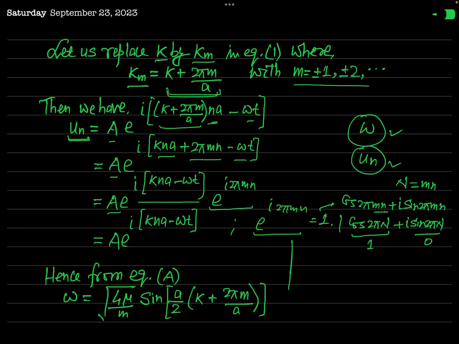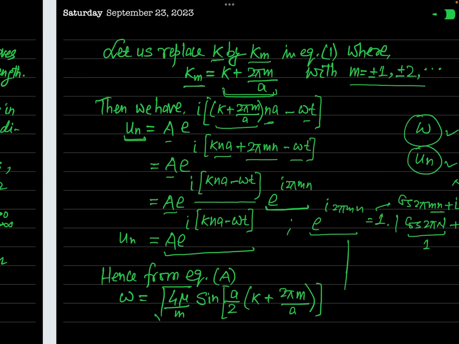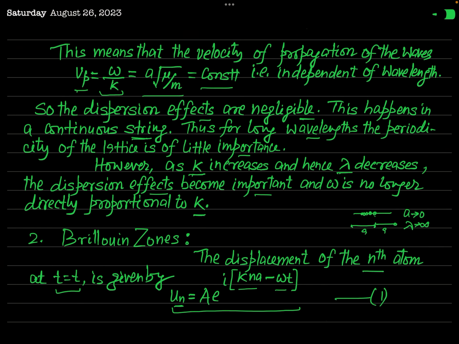And so I have taken 1 in place of this e to the power i times 2 pi mn. So finally we get that this un is equal to a times e to the power i kNa minus omega t. So this un remains the same as it was when k is equal to k, as you can see in this figure.